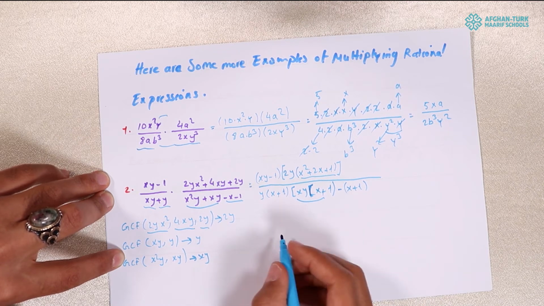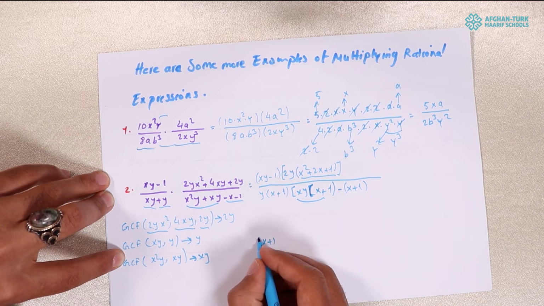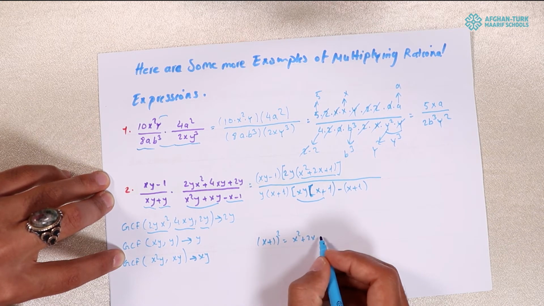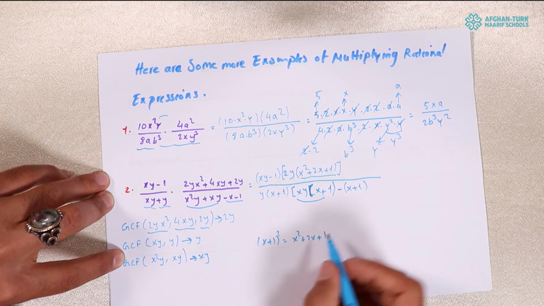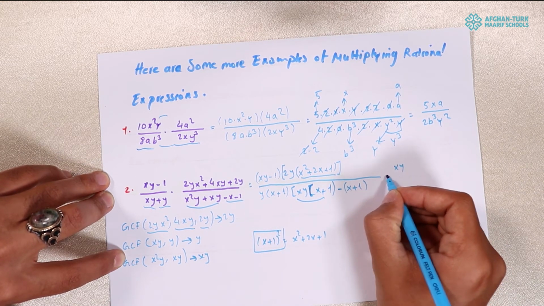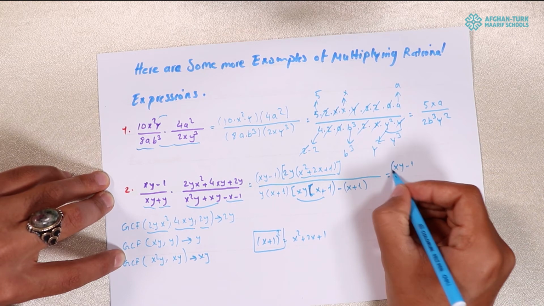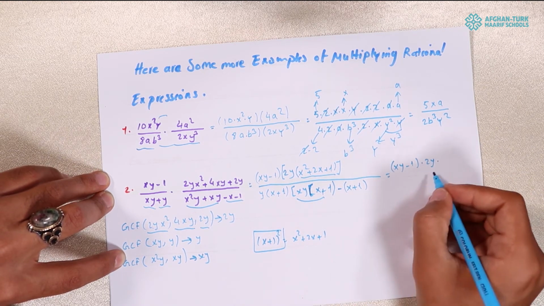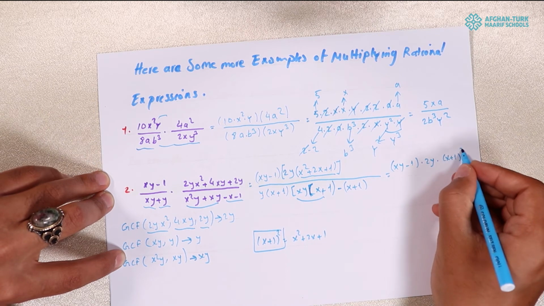We have studied from identities, x plus 1 squared is equal to x squared plus 2x plus 1. So instead of this, we can write x plus 1 squared. xy minus 1 times 2y times x plus 1 squared.